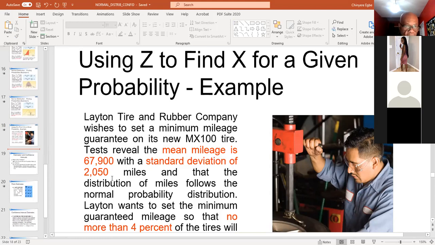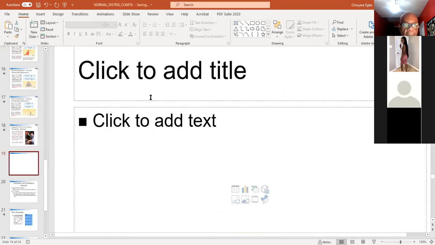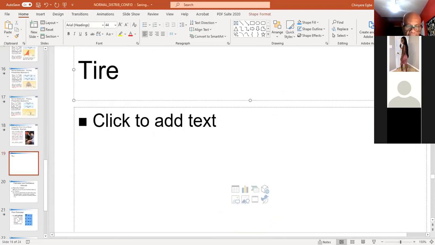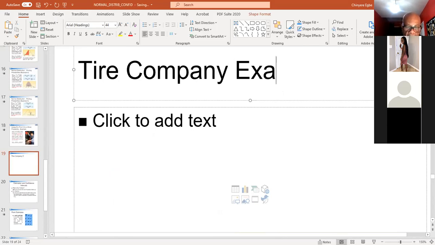Now, I'm going to ask a very simple question. What is the probability that a tire, a random tire, will last between 64,000 and 72,000 miles? So let's look at this example here. Okay. Tire company example.